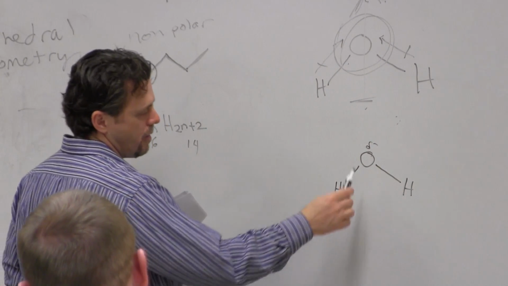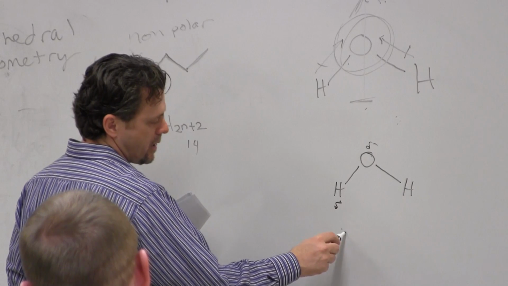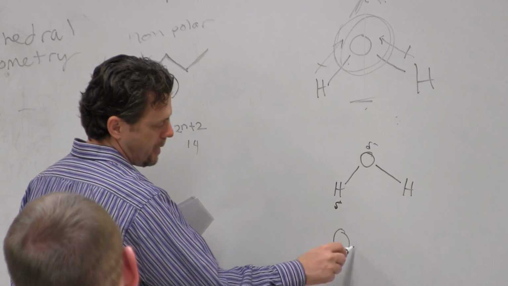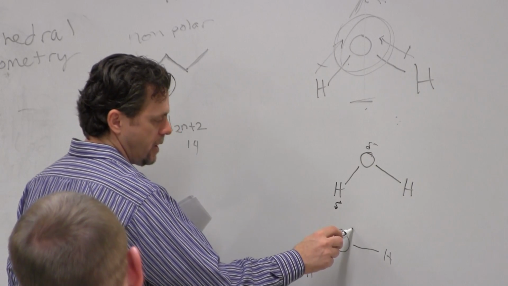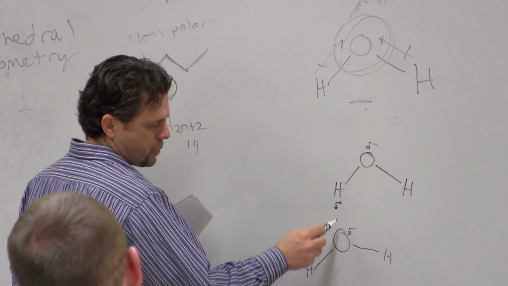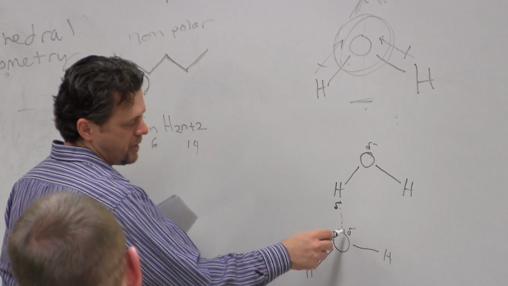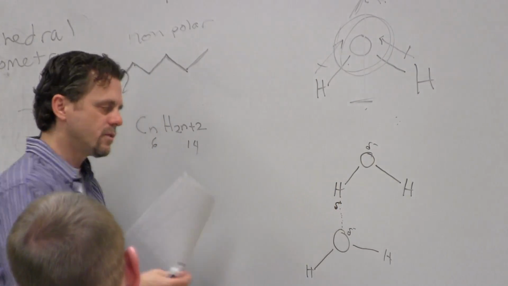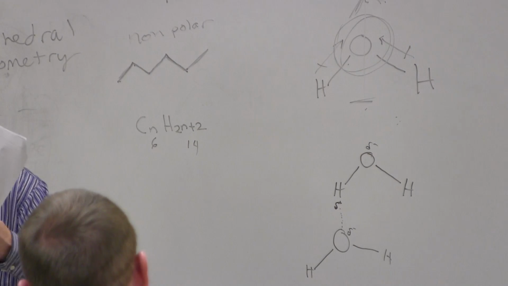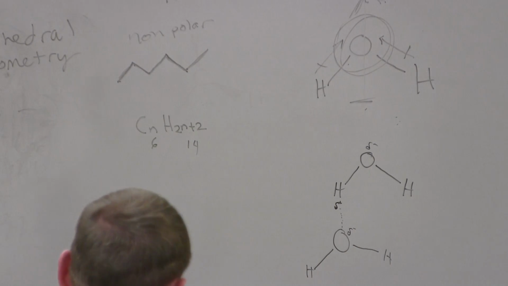Well, when that sees another water molecule, we can have an attraction between this hydrogen and this oxygen, because this has a slight negative and this is slightly positive. So there are these attractive forces that we call hydrogen bonding.